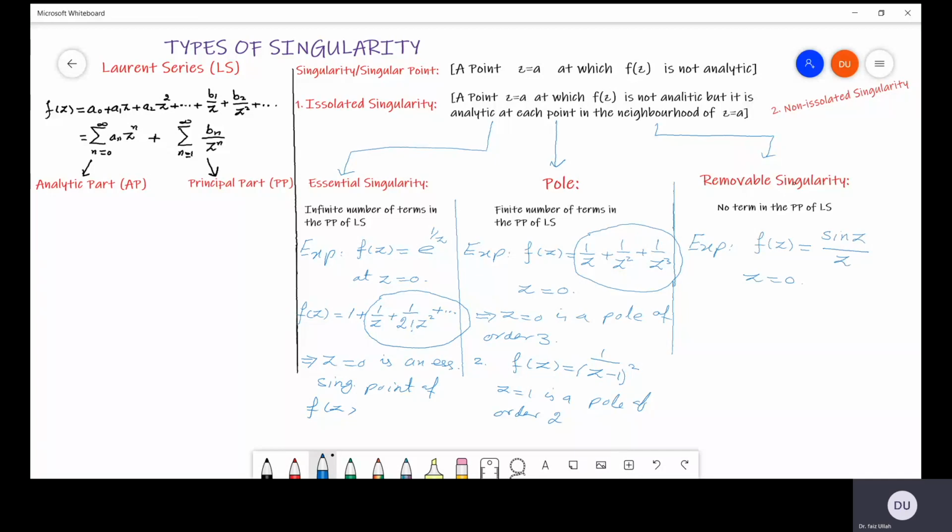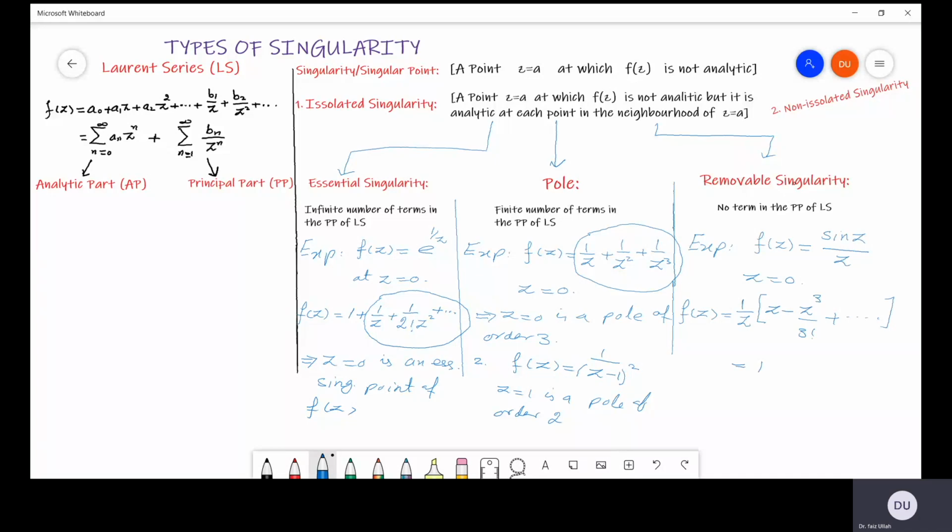Now let us expand this in the Laurent series. So I can write f of z is equal to 1 over z, and let us write the Laurent series of sine z, which is z minus z cube divided by 3 factorial plus z5 divided by 5 factorial and so on.